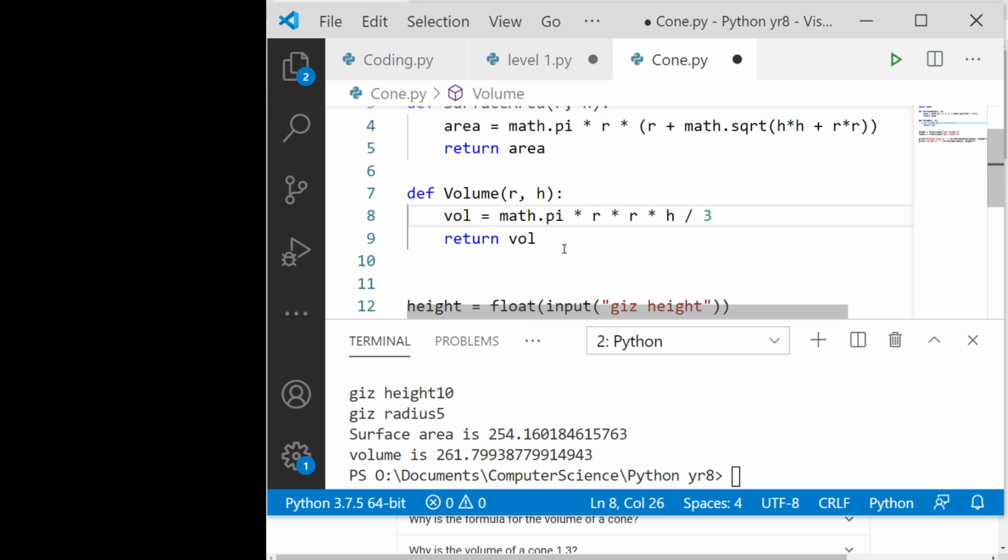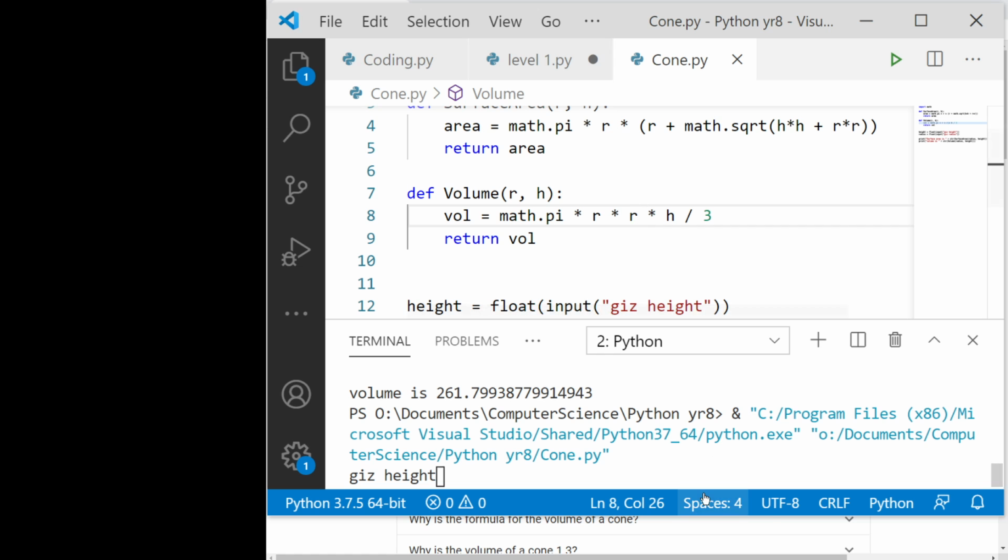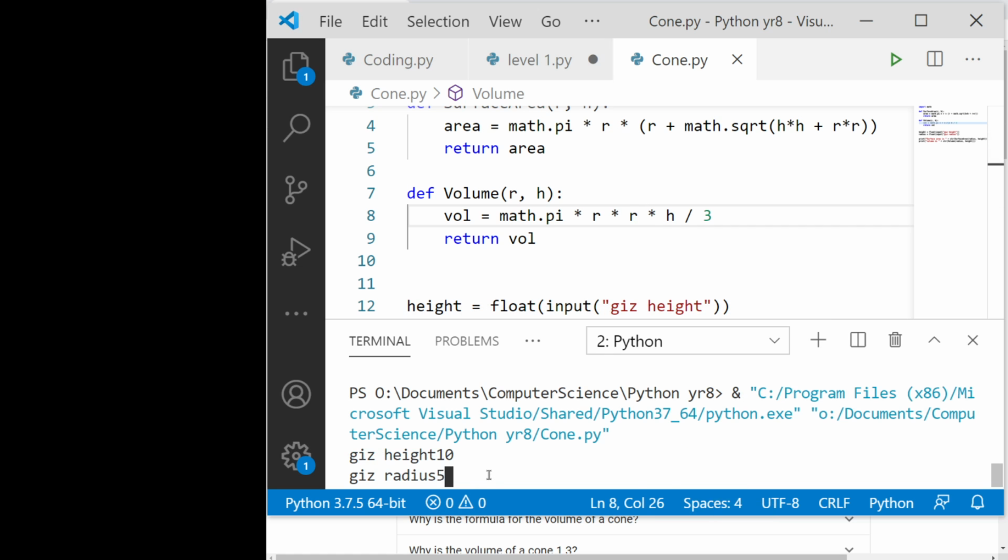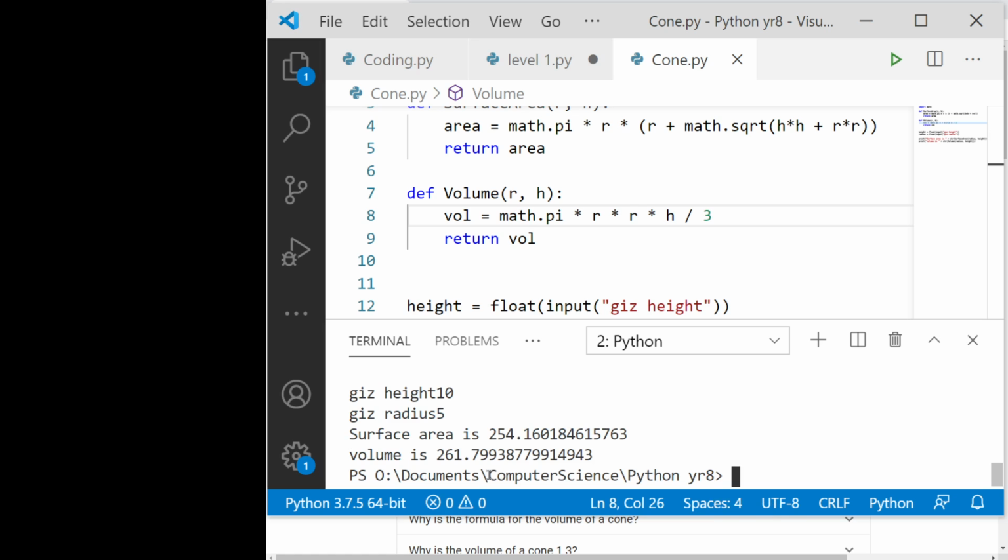In general, if you've got loads of multipliers, what order do you do them? From left to right. Yeah, from left to right. So let's just see if that even actually matters. I'm going to run it again. So 10 and 5, doesn't matter. Doesn't matter in that case because division and multiplication go together.